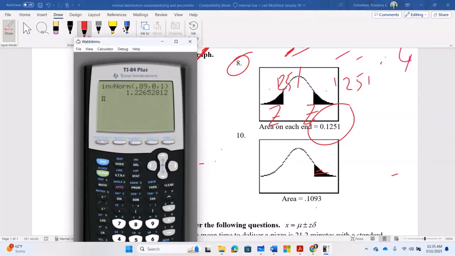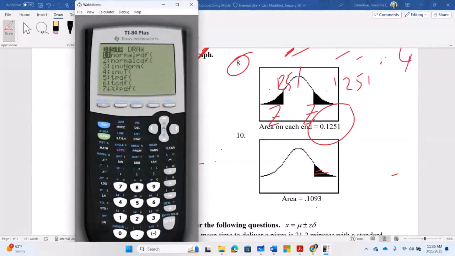Okay, so second, inverse norm, second distribution, number 3. The area to the left is 0.1251. The mean of a standard normal is 0, standard deviation is 1.